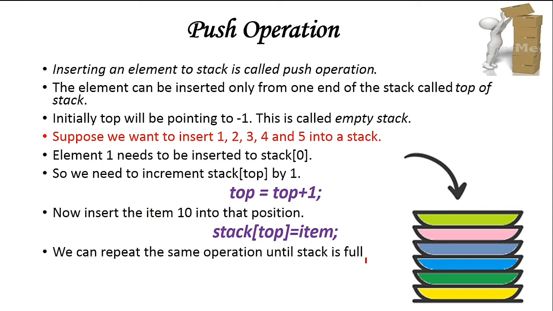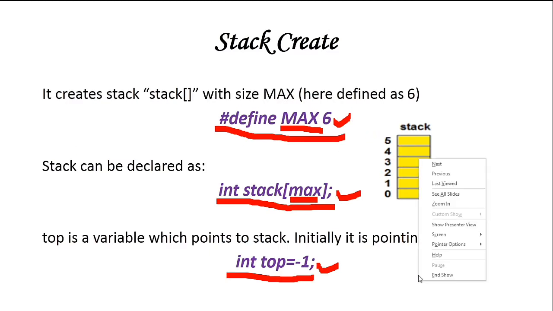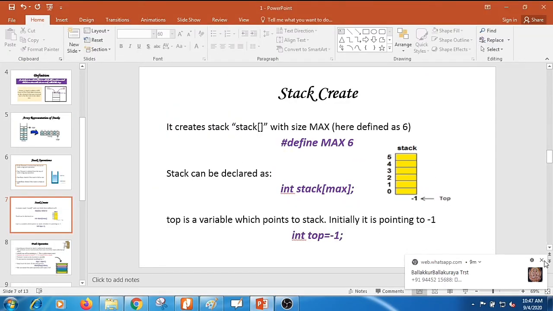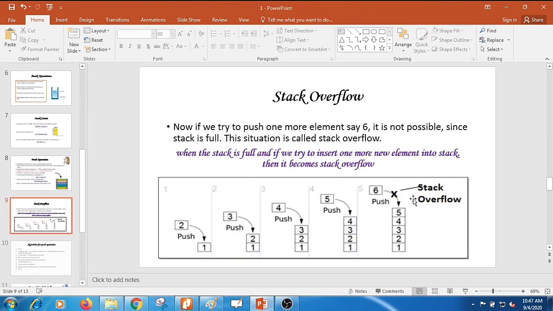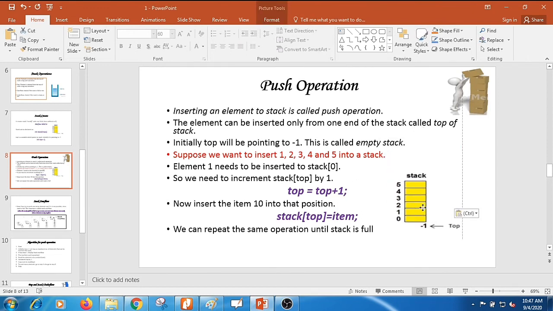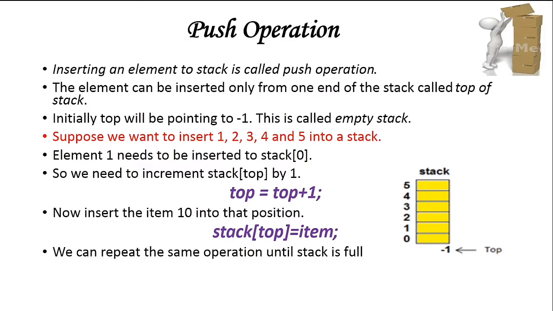The first thing, if I consider the stack over here, suppose this is the stack you have made. Let us take the same picture now. Now I want to insert some element into this stack, right?